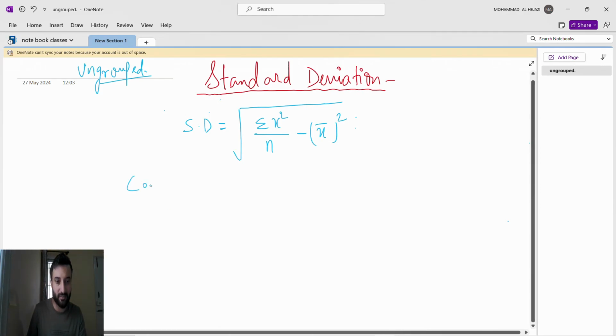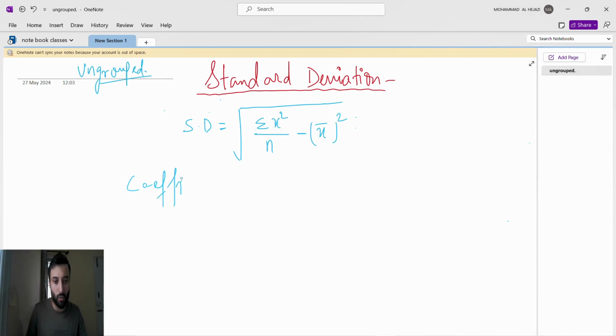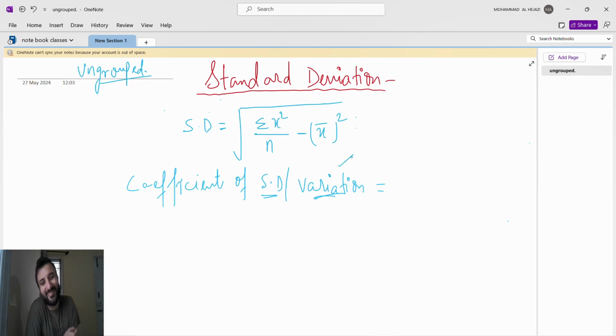Now next, there are two things: either they will say coefficient of standard deviation, or they will say coefficient of variation. Both are for standard deviation only. Sometimes they will say find the coefficient of standard deviation, or sometimes find the coefficient of variation. Students don't know this term variation, and if they ask in the examination, they say, sir, the question is out of syllabus. No, no, no, no. They will never ask a question out of syllabus.